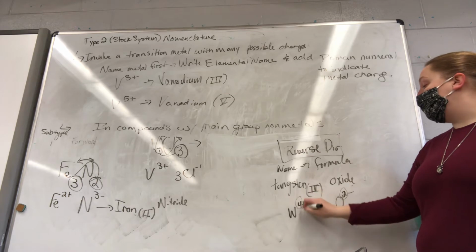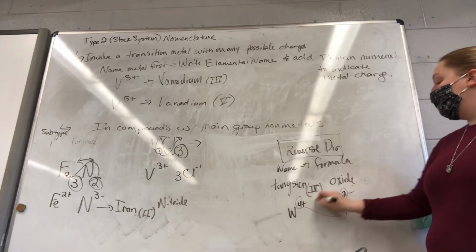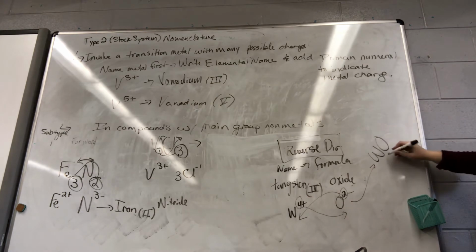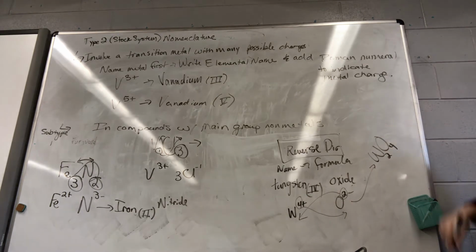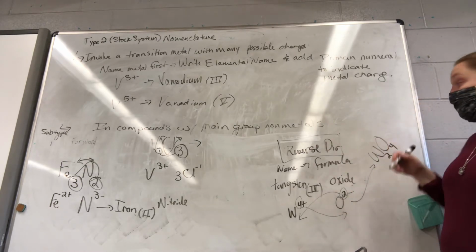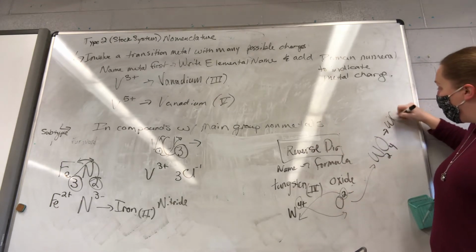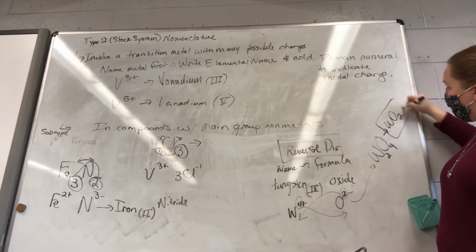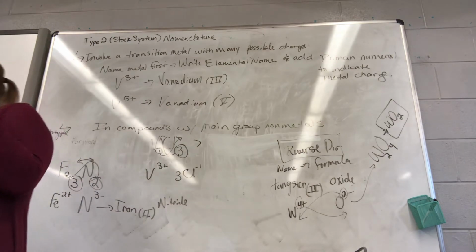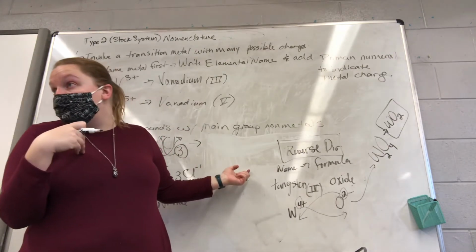Circle just the number. And we're going to rewrite. What can we still do? Simplify the numbers, reduce them to that.